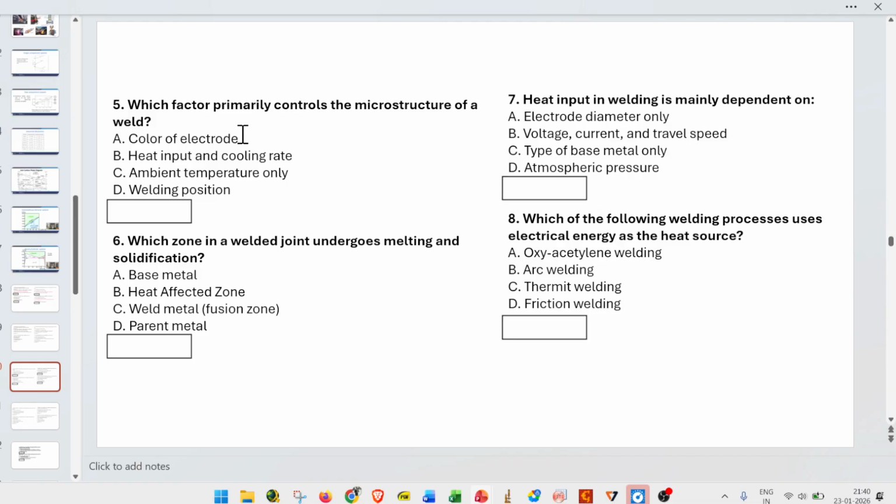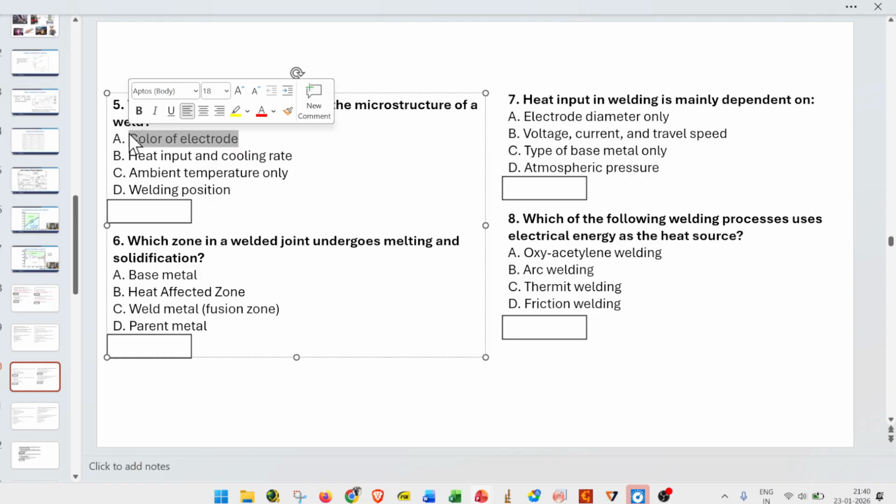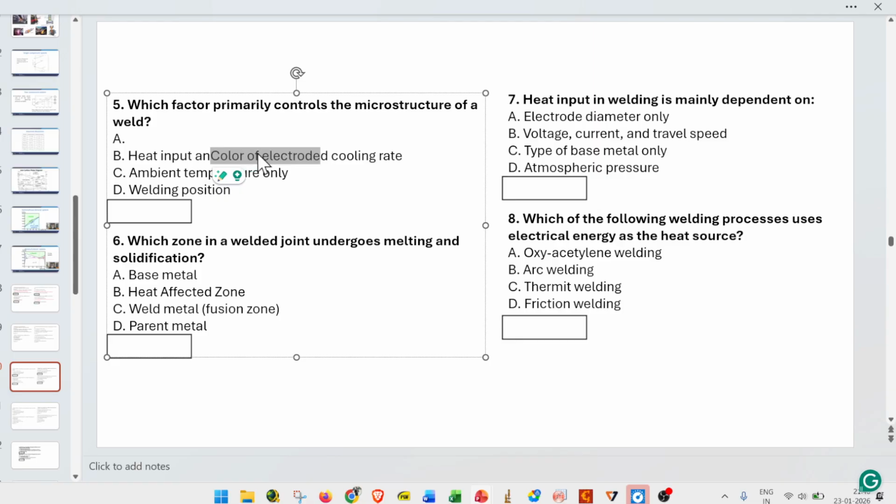First is the color of the electrode. Definitely not. Next, heat input and cooling rate. Yes, because the amount of heat input defines the size of the weld zone.